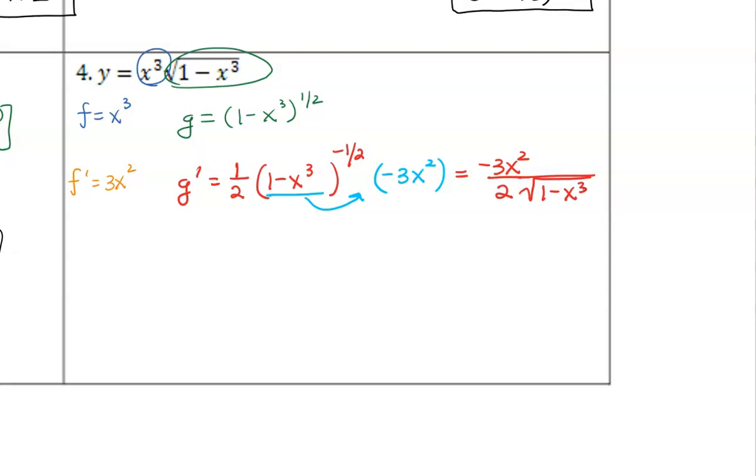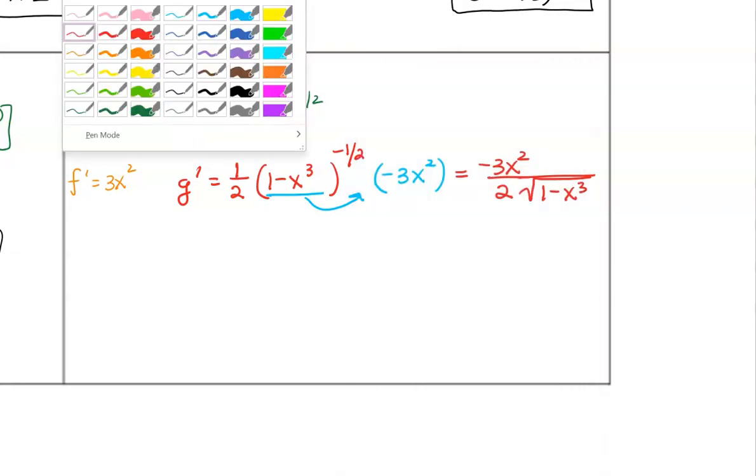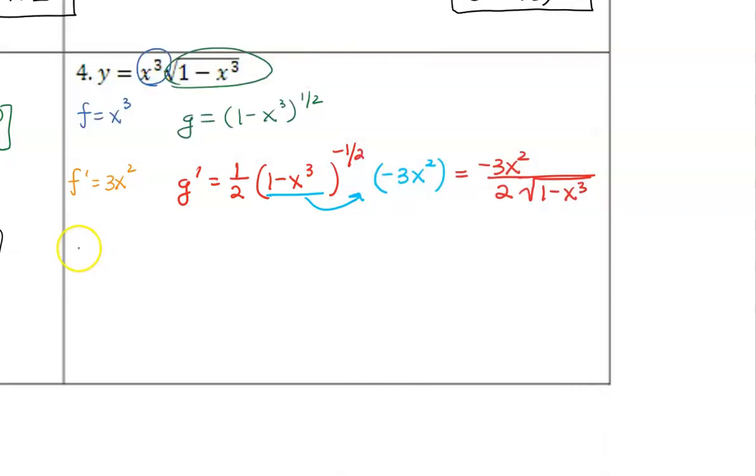And now let's start doing the product rule. So the product rule says that our derivative y prime is equal to f prime g plus g prime f. And now we're going to start plugging in. F prime is 3x squared. And we're multiplying that by g, which is the square root of 1 minus x to the third. So I really don't even need parentheses here. There's f prime, here's g. And to that, we're going to add g prime f.